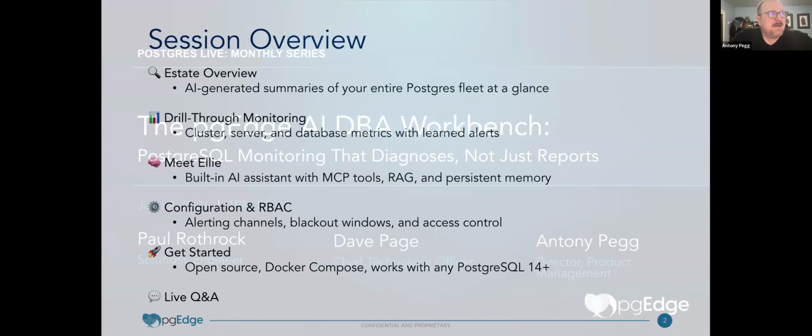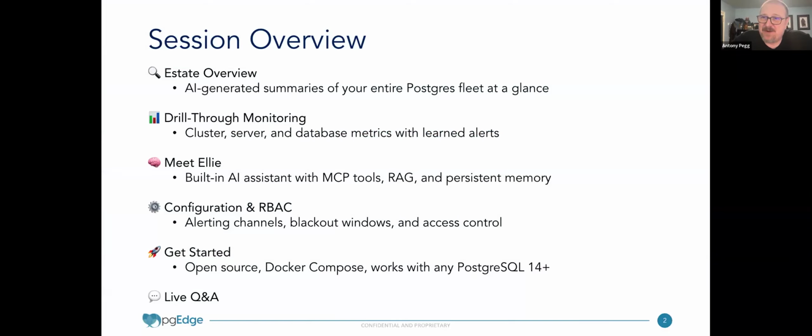So, without too much ado, I'm going to run you through quickly what we're going to cover today and a few details before Paul does the demo. We're going to cover what the AI DBA Workbench does. We're going to walk you through how it manages your estate and your entire fleet at a single glance. We'll walk through the monitoring, how you can monitor your cluster, the server, and all the different database metrics.